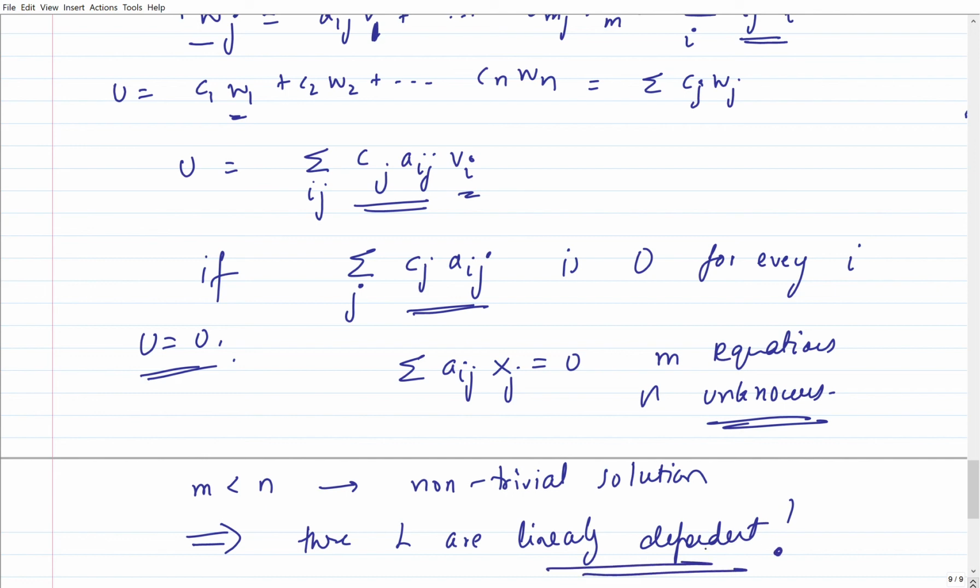So it better be true that m is at least equal to n, if not greater than n. So that's how we show the proposition.